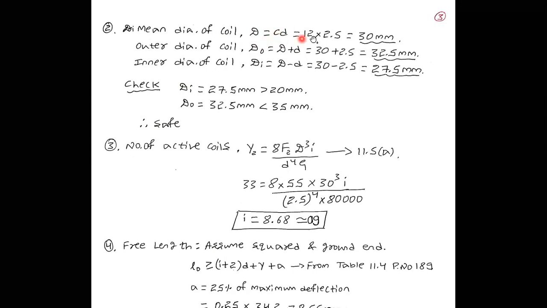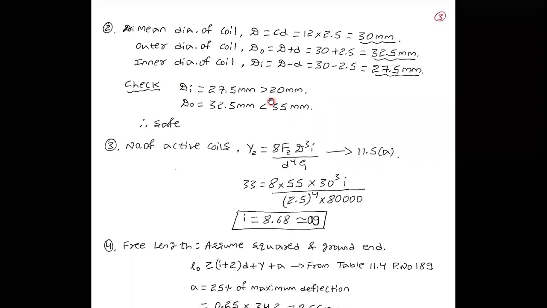C is given as 12, and d, which you just calculated as the diameter of the coil wire, is 2.5. Substitute that and you will get the mean diameter. After that, the outer diameter is capital D plus small d. Capital D is 30 plus small d is 2.5, therefore the outer diameter is 32.5. To find the inner diameter, you subtract the diameter of the wire from the mean diameter, that is capital D minus small d. We get 27.5 mm.